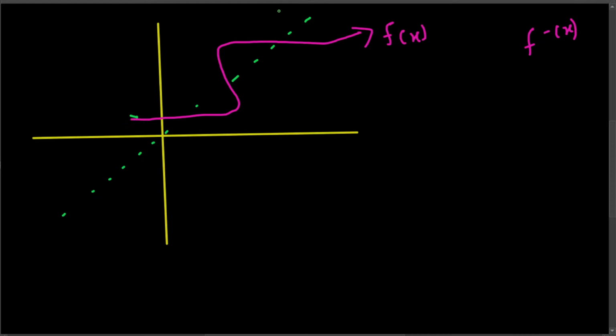So if you reflect this here, we are going to have this graph right here. It's going to look like this. And this is the inverse function, that is f of -1 of x.